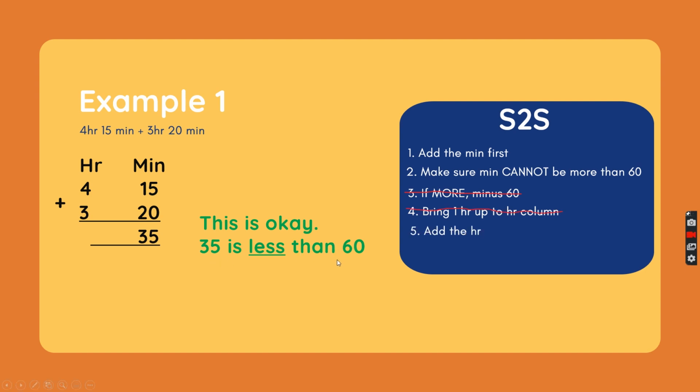So we're gonna jump to S2S number 5, which is add the hour. So the hour, we're just going to plus 4 plus 3, and that gives us 7. So the answer is 7 hours 35 minutes.